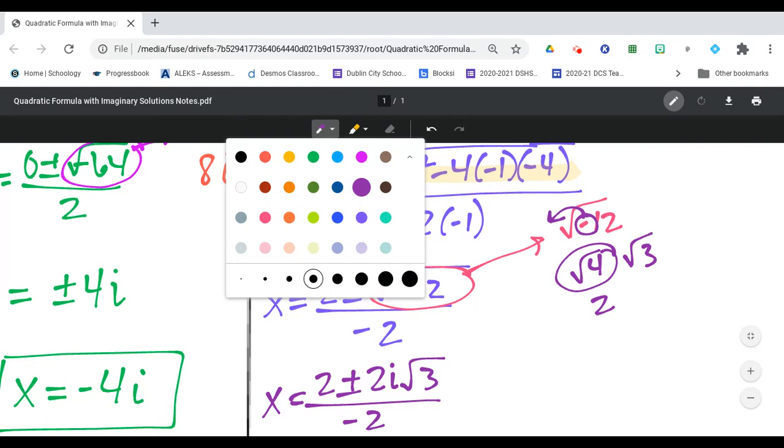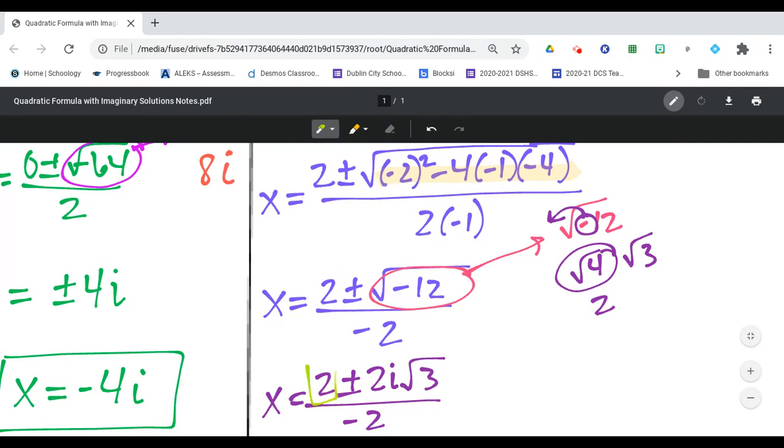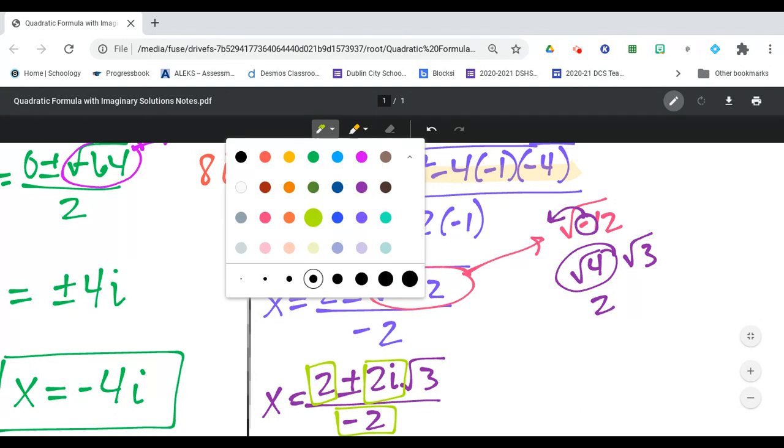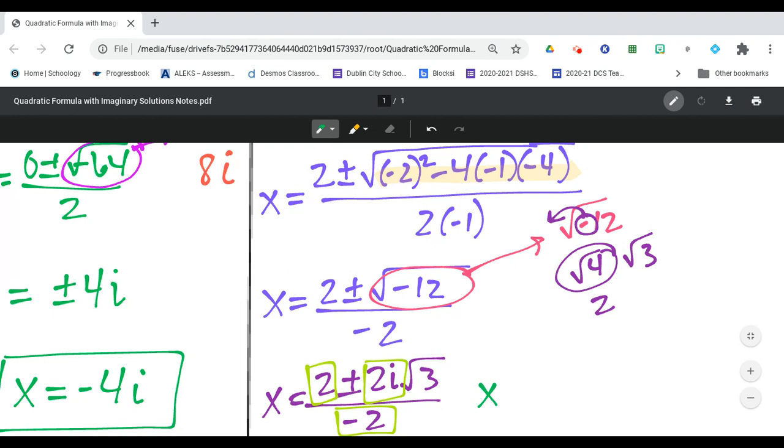Last thing I want to do is I'm going to simplify each of these numbers here. They are all divisible by 2, or even you could do negative 2 if you wanted to. So when I do that, I end up with 1 plus or minus 1i, or just i, square root of 3 over negative 1.